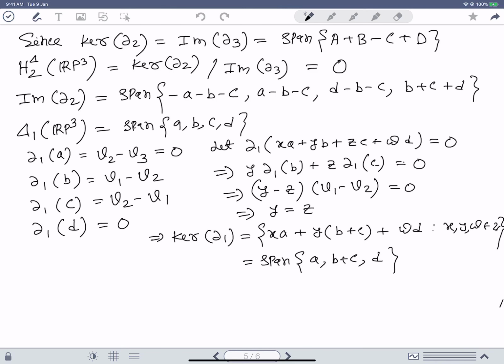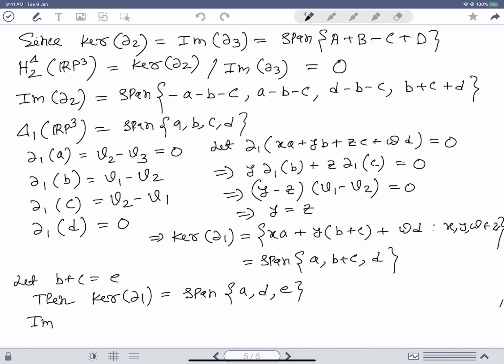Now if you assume that b plus c equal to e, then kernel of del 1 will be span of a, d, e, right, since b plus c equal to e.